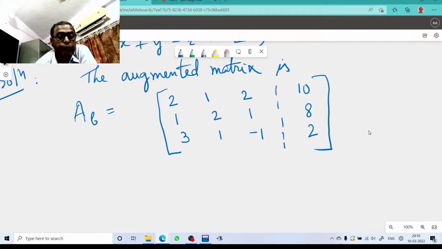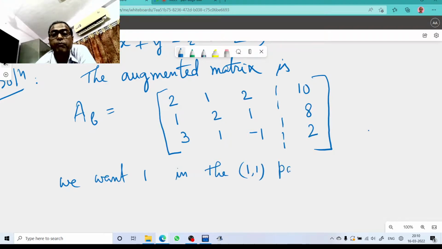We want element 1 in the 1, 1 position. Then this position is called the 1, 1 position.